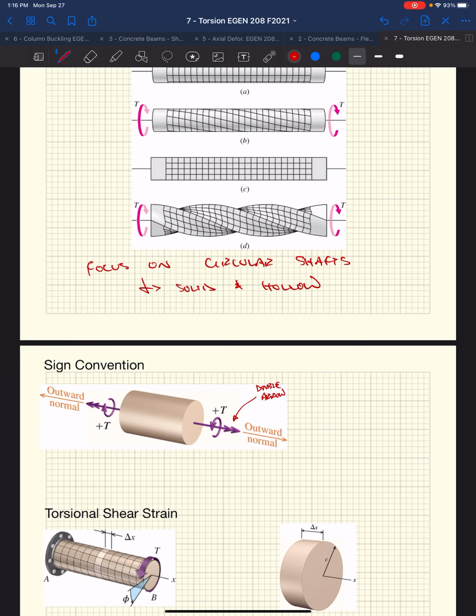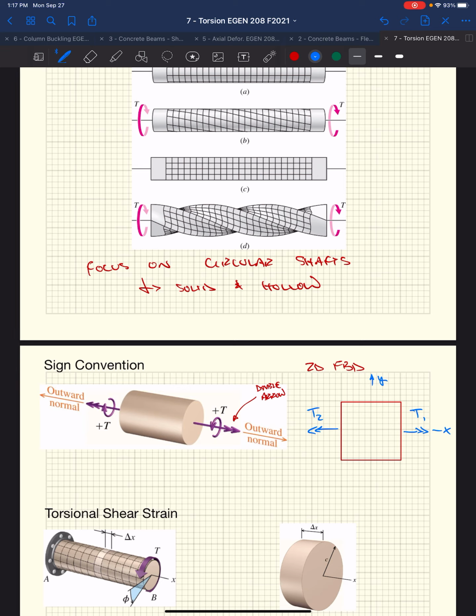So we looked at a 2D free body diagram of this. We'd have our double arrows. We'd have torque 1, say torque 2. We'd have our sign convention, right?